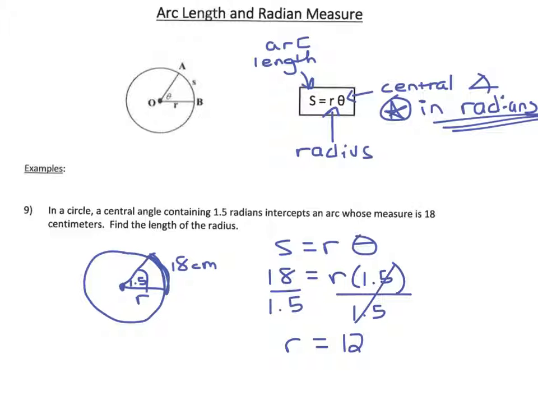And the units for this arc length and the radius are the same. So if this is centimeters, this would have to also be centimeters. So it's going to be equal to 12 centimeters. And just to mention again, while we're talking about units, the units of your angle right here is going to be in radians, okay? And that's why they say radians right there.